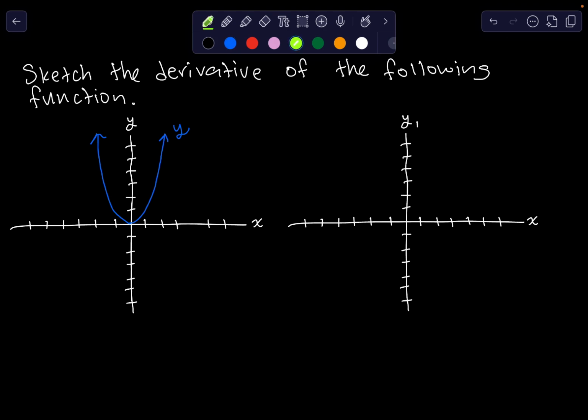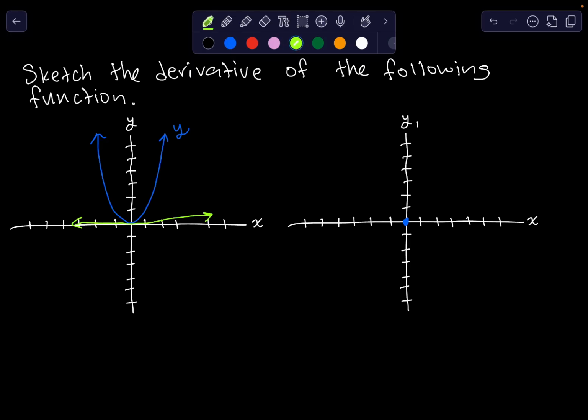If we look along this left graph, which is not our derivative, but our original graph, at x equals 0, it looks like we can draw a horizontal tangent line to that point. Meaning at x equals 0, we have a critical point, a local minimum. So we can mark it down on our derivative graph, meaning we will cross the x-axis at that point.